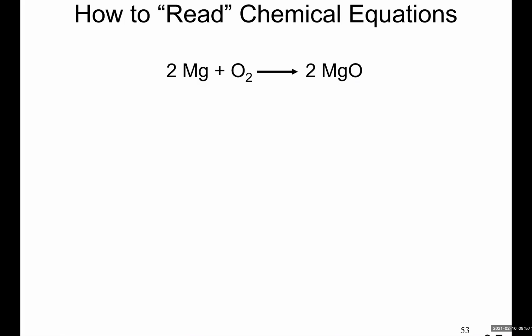How do you read this equation? You can't read this as 2 grams of magnesium reacts with 1 gram of O2 to give me 2 grams of MgO.